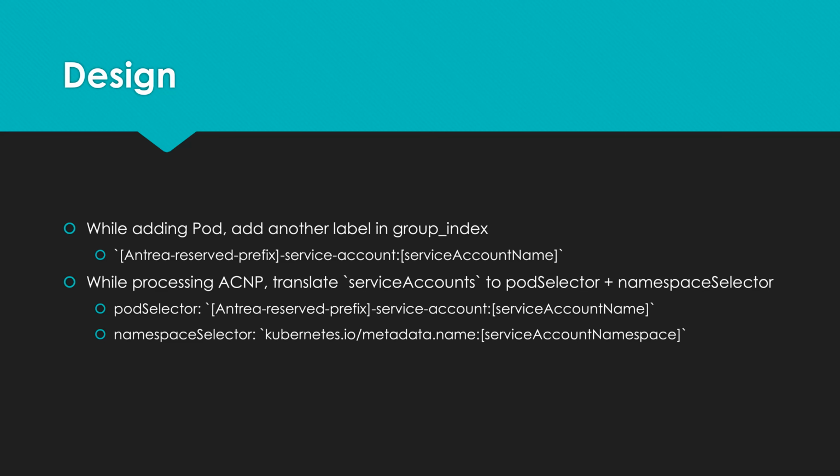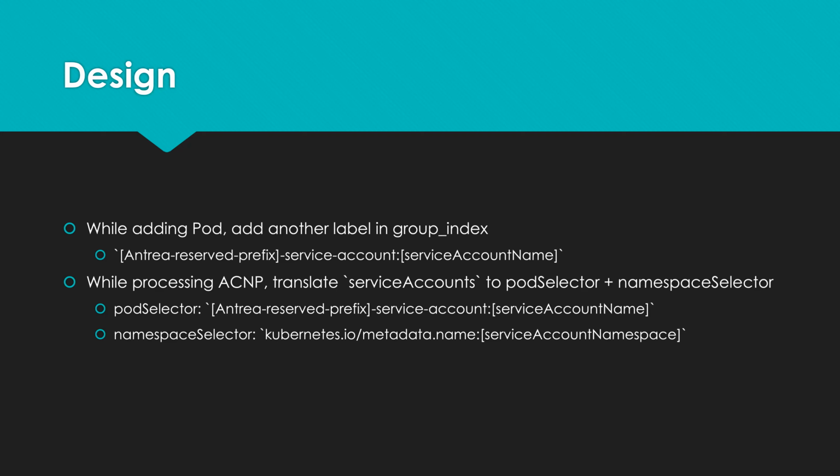Like if we select the label, we need the user label. There are several service accounts, like service account 1, 2, 3. So all these service accounts will be retrieved, and we translate all these 3 service accounts to pod selector plus namespace selector. Then it will become multiple pod selectors plus namespace selectors.